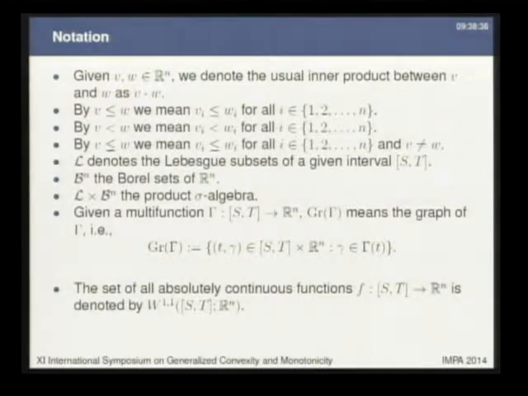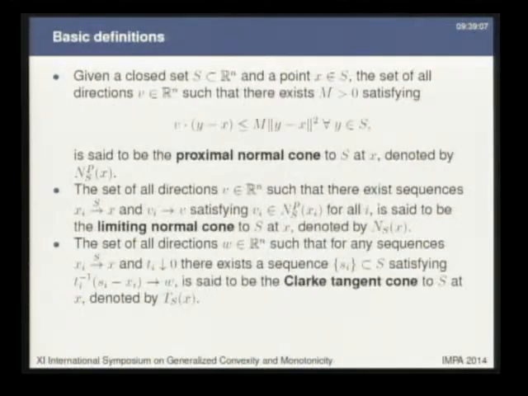And at last, this notation means v_i less or equal than w_i for each component, and the vectors are different. This is classical notation for Lebesgue sets, Borel sets. Gr Γ denotes the graph of a multifunction Γ, and W^{1,1} the set of absolutely continuous functions.